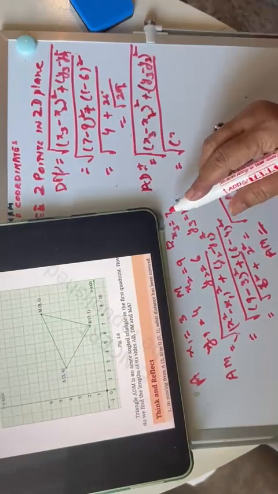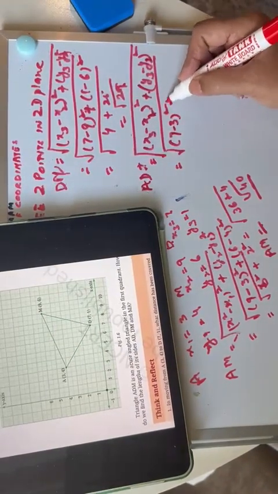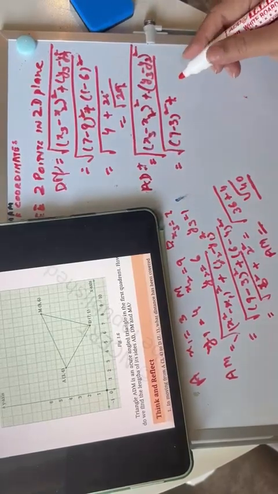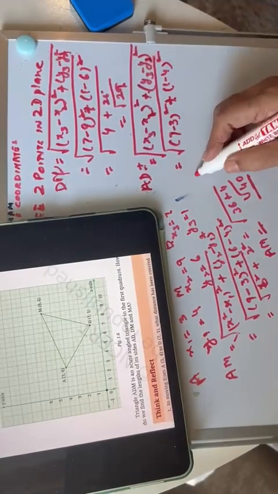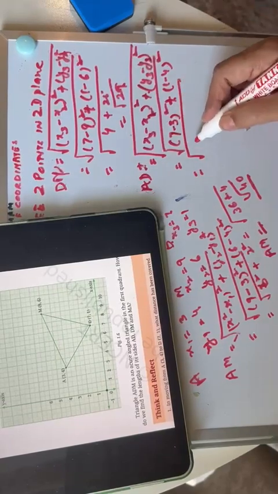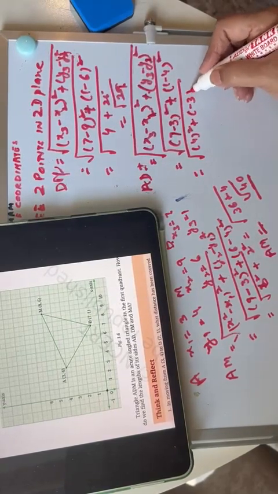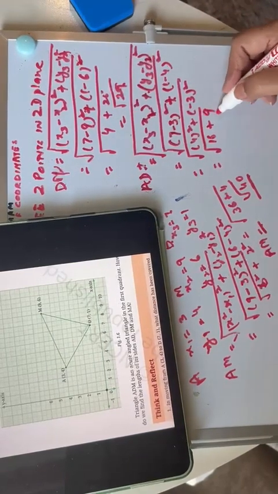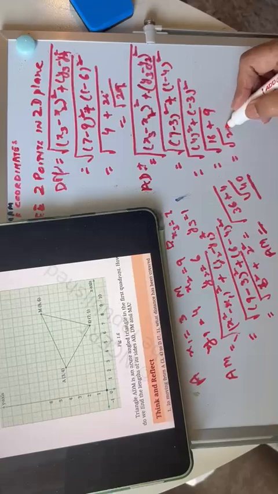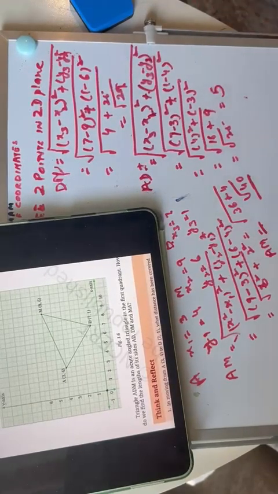X3 is equal to 7 minus 3 whole square plus 1 minus 4 whole square. This comes out to be 4 square plus minus 3 square. So 16 plus 9, under root 25. This is equal to 5.